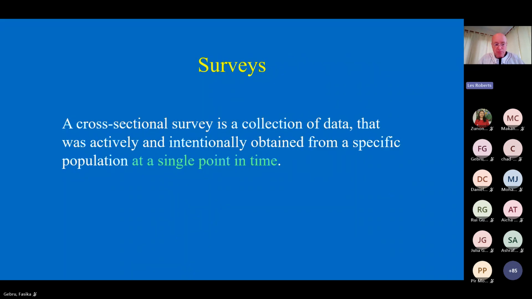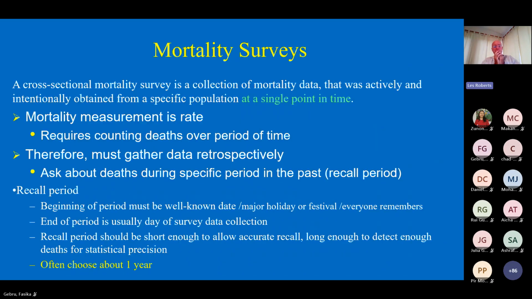Surveys are this cross-sectional process of collecting data with some intention from a specific population at a specific point in time. Next, please. So because you're doing this at a moment in time, mortality is something we want as a rate. In terms of declaring famine or telling the world how bad northern Mali is, you need to be sharing it as a mortality rate so people can compare it with other places.